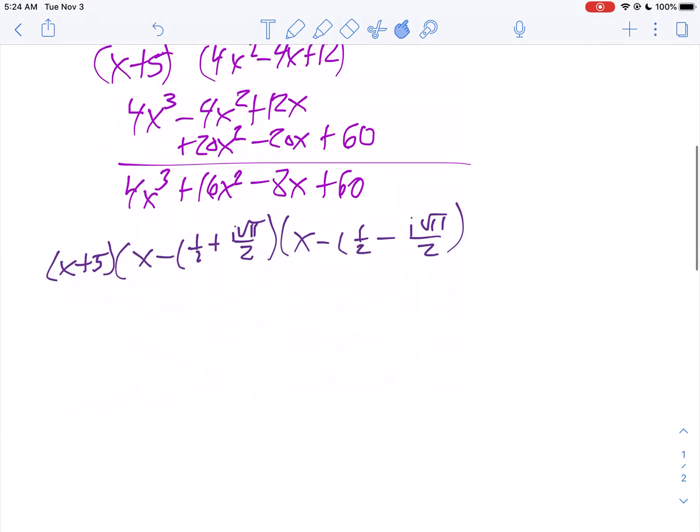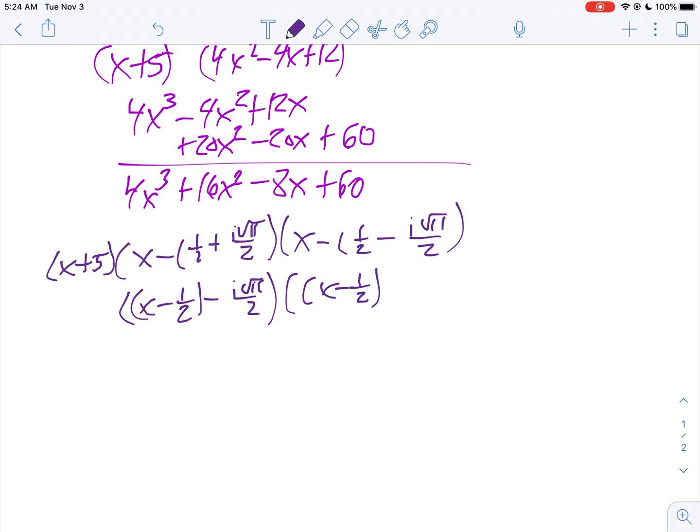Well, I'm going to approach this the same way. So I'm going to rewrite this as x minus 1/2 minus i square root of 11 over 2, times x minus 1/2 plus i square root of 11 over 2.